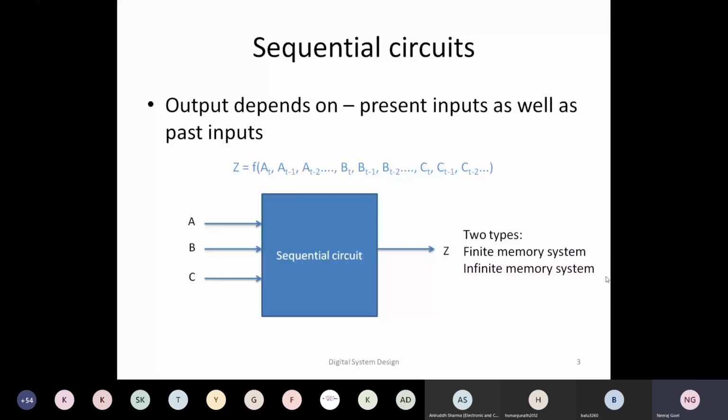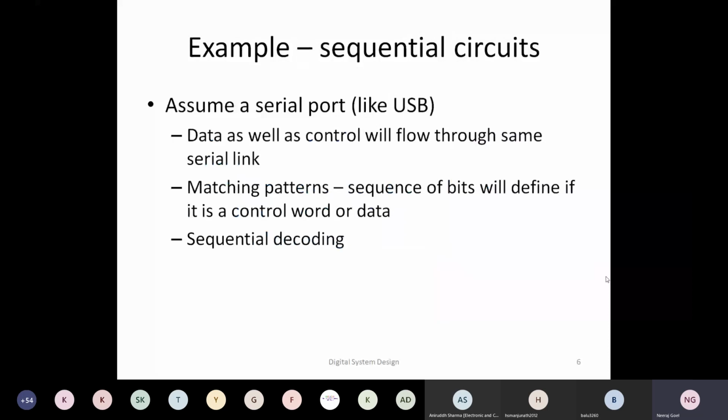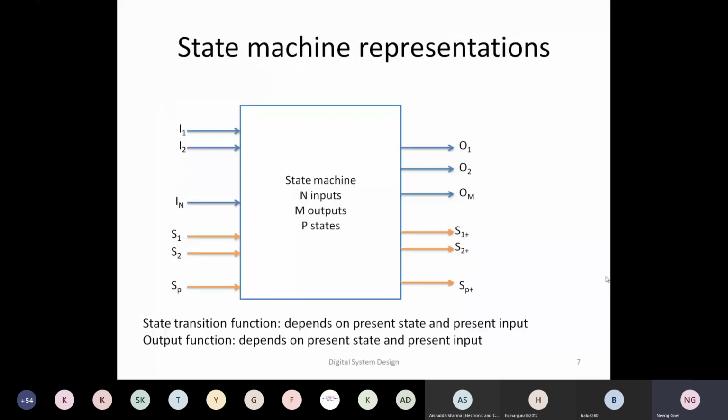So the way we usually represent these sequential systems is, there are a certain number of inputs, let's say I1 to IN, and there are certain outputs O1 to OM. Additionally, there are certain states present in it, let's say P states, S1, S2 to SP.